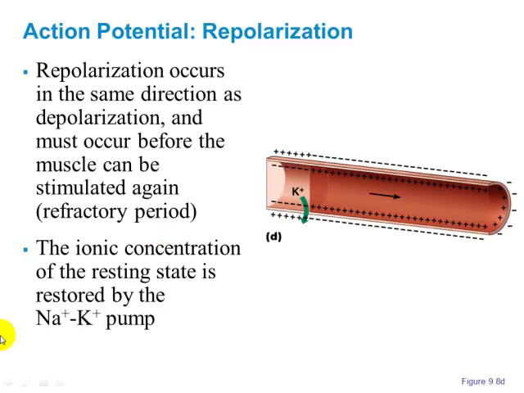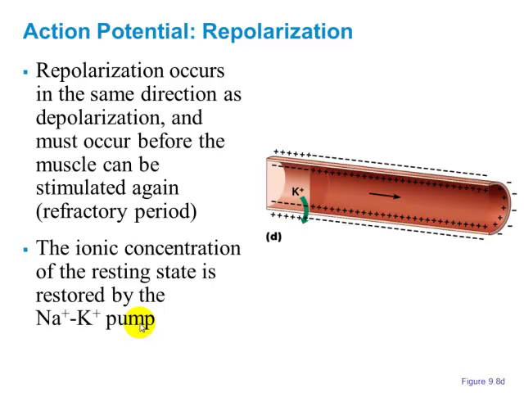So that's where we're going to bring up the sodium-potassium pump, or the sodium-potassium ATPase, that we looked at way back in Chapter 3. We talked about active transport. This pump is always running in the background. Remember I said at rest there is stuff going on? This is one of the things that's always going on.